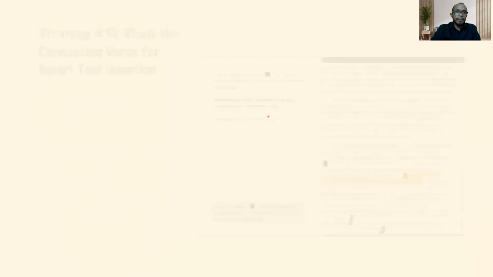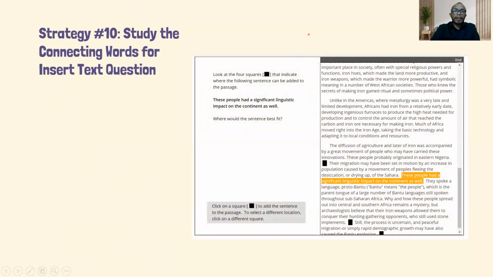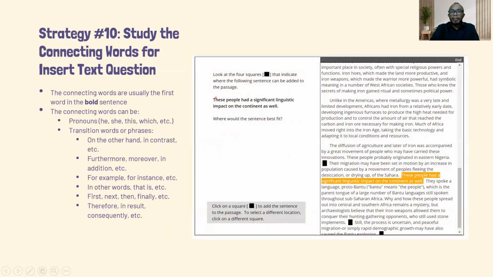Okay, now the 10th strategy. For the insert text question, you need to study the connecting words. All right. Now, you might ask, what is the connecting word? Well, the connecting words are usually the first word in the bold sentence. So here in the example, the connecting word would be these people. Now, besides this, the connecting words can be pronouns, such as he, she, this, which, and so on.